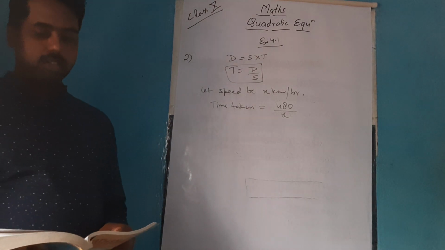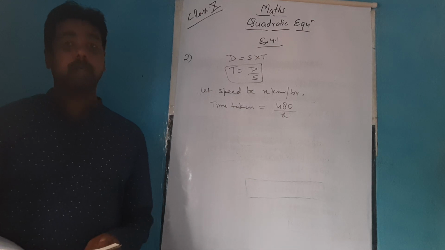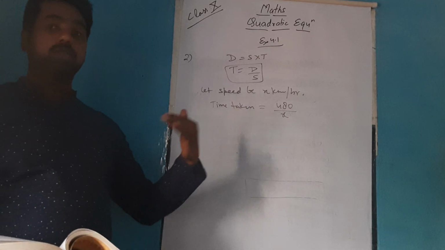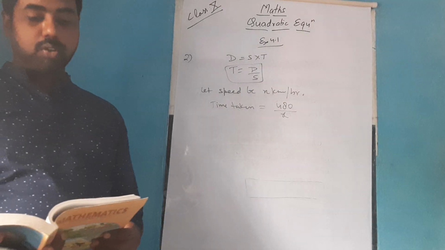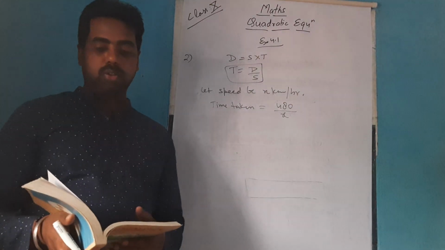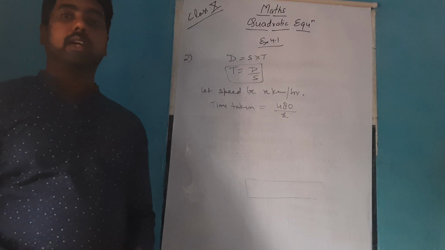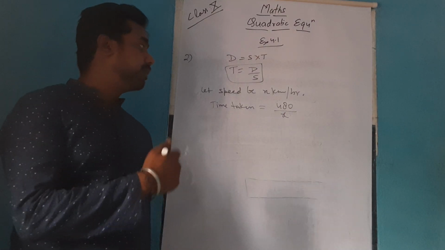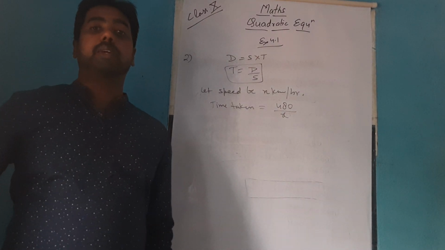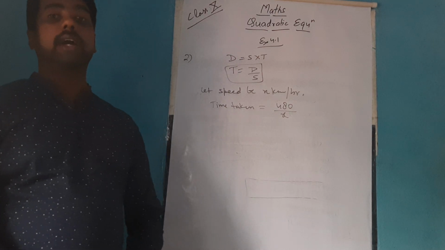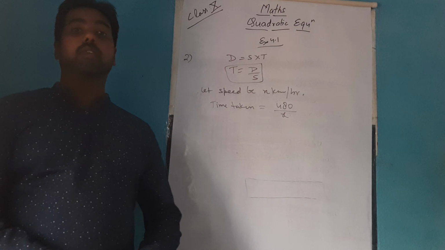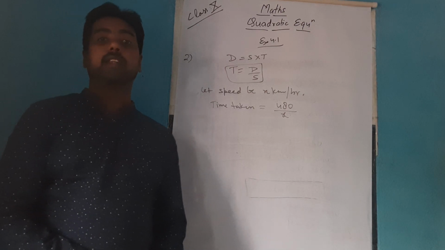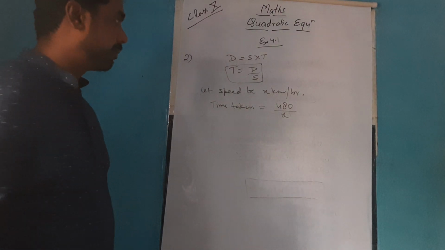Now if the speed had been 8 km/h less, it means now we are decreasing the speed. It would have taken 3 hours more to cover the same distance. It means that if the person is decreasing his speed, he's taking more time to complete the same distance. So now when he is decreasing the speed, he'll take more time than the previous time.